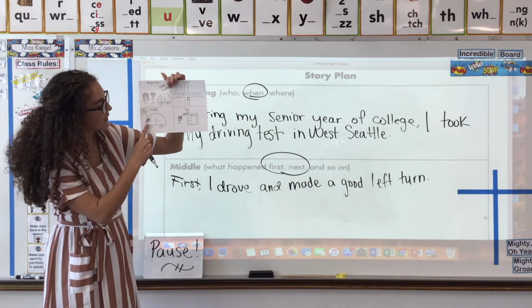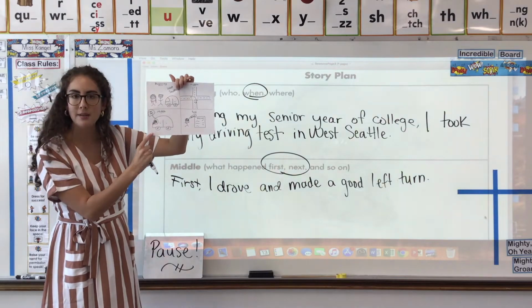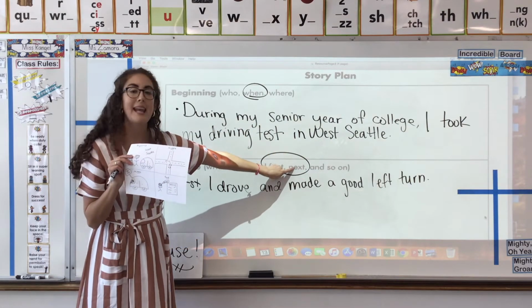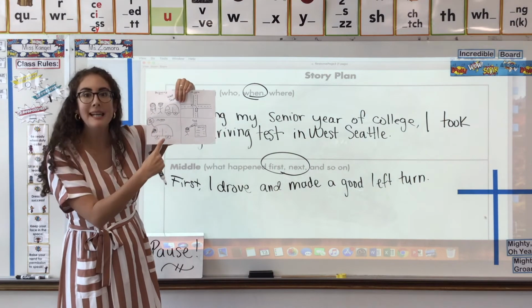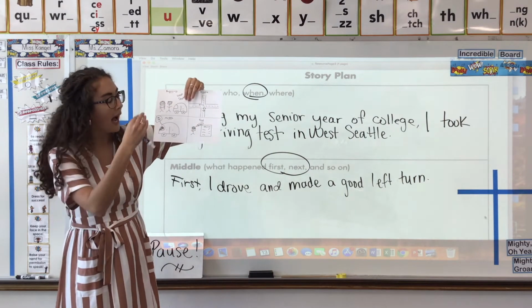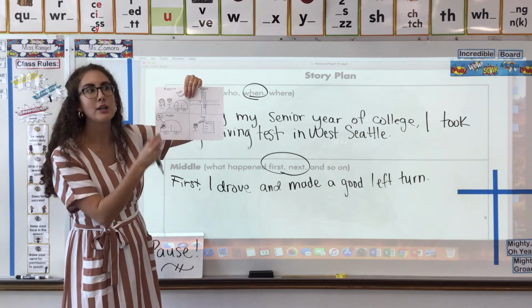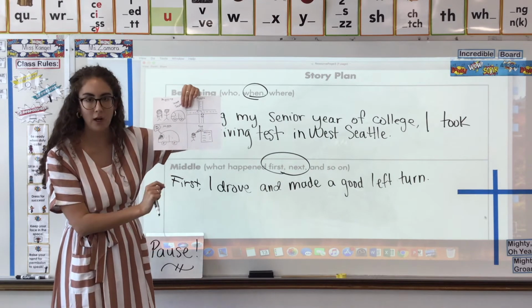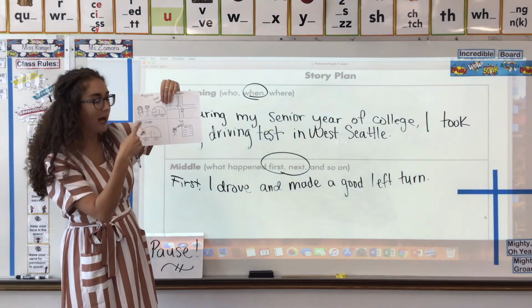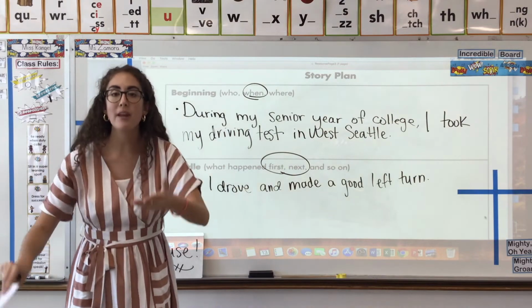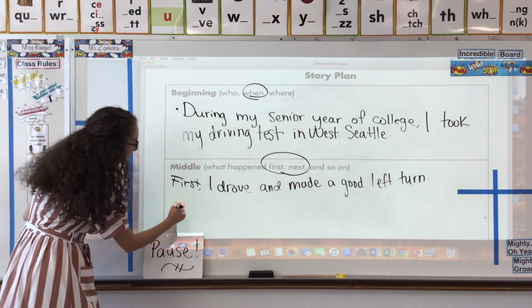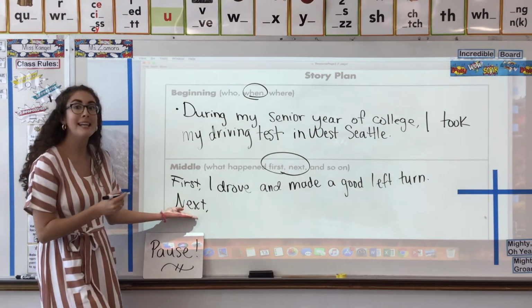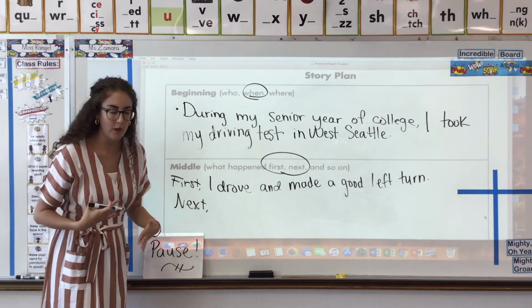So now let's look at this next event. This is what happened next. After I made a good left turn, what I did next was I made a mistake and drove with the parking brake on. So I'm able to describe my picture and then write it as a sentence. I'm using this word next to show this is the next thing that happened in order.